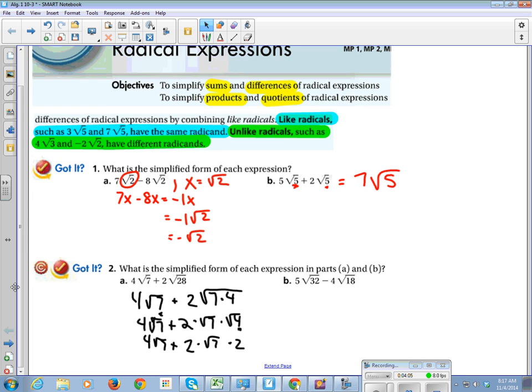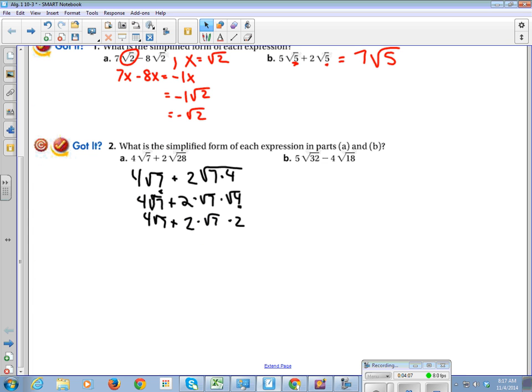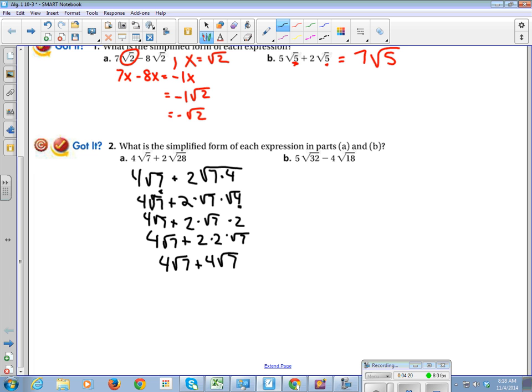So now I have 4 root 7, and I'm going to rewrite this so that the 2's are right next to each other. 2 times 2 is 4. Now I have the same radicals. 4 root 7's plus 2 root 7's is 8 root 7's.